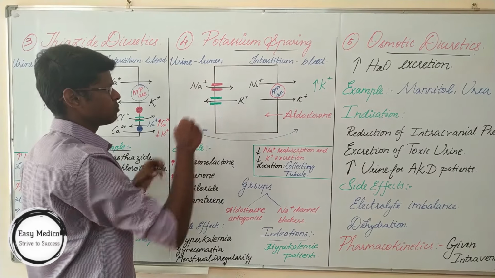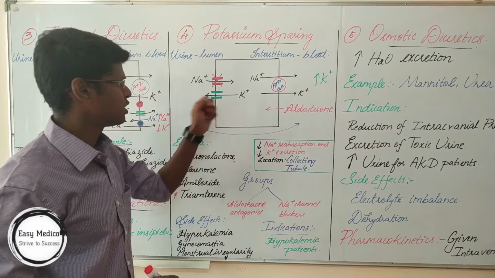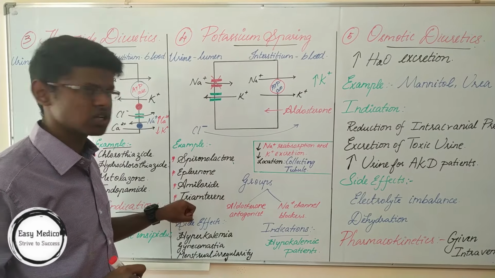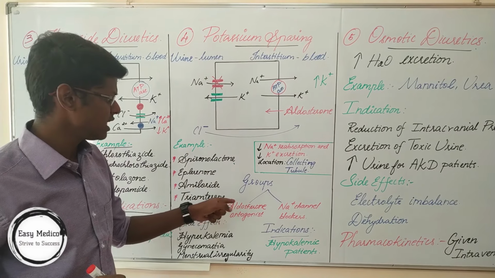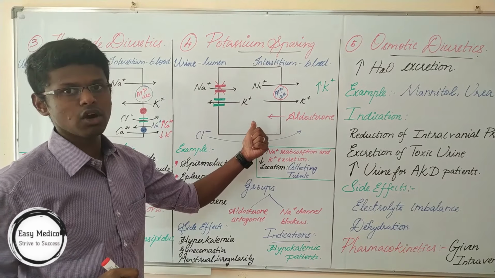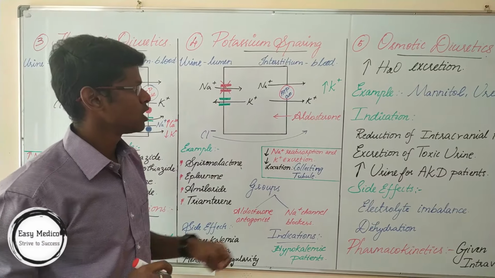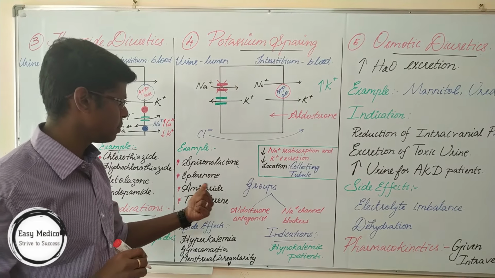When the sodium channel is inhibited, that causes potassium retention inside the cell, which is the work of amiloride and triamterene. In the case of aldosterone antagonists, which act on the epithelial cell, that causes an increase in potassium. These drugs are spironolactone and eplerenone.